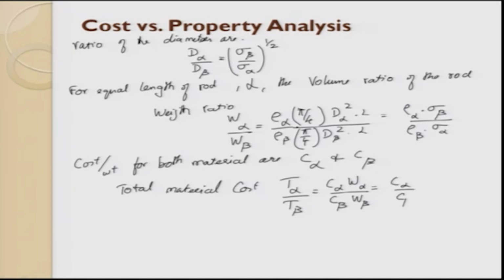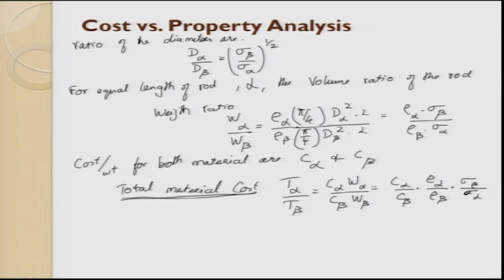So it is C alpha by C beta into rho alpha by rho beta into sigma beta by sigma alpha. So you can do a cost comparison.